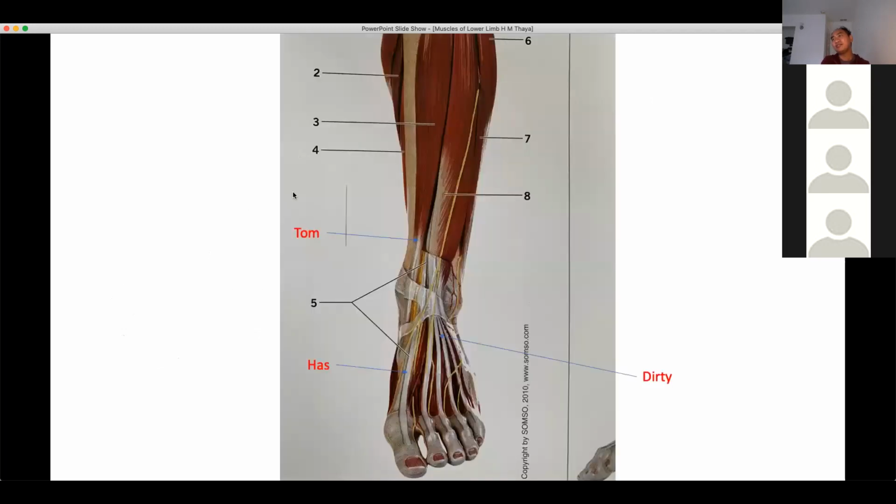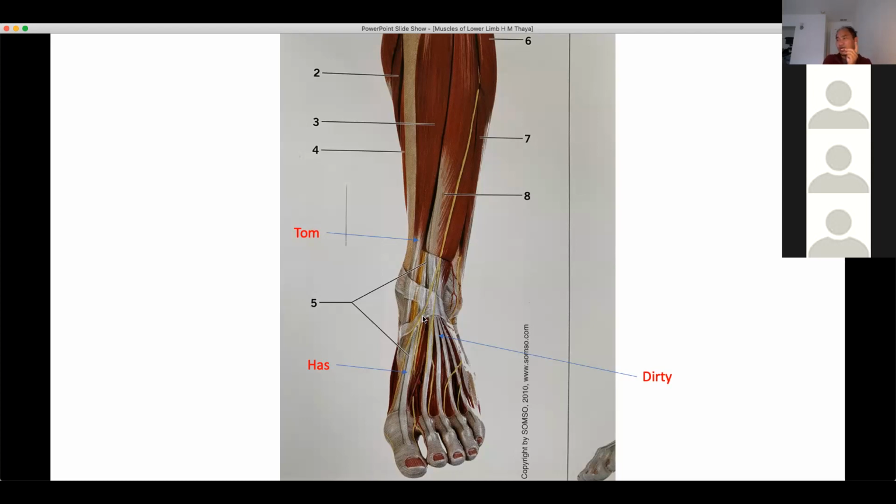So if you look at the muscles in the anterior compartment of the leg, from the medial malleolus, Tom, tibialis anterior, is what you are going to see here. Has extensor hallucis longus. A stands for the anterior tibial artery, which will be here and comes out as the dorsalis pedis artery.